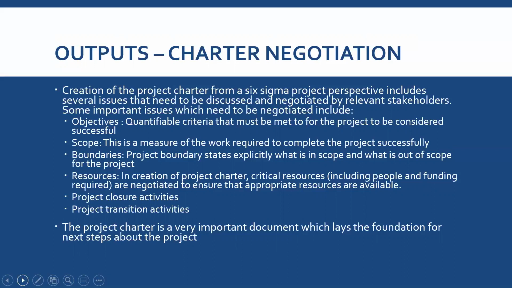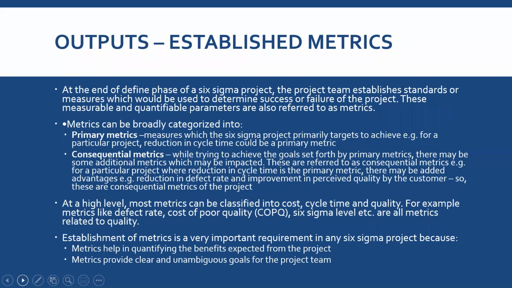The project charter is a very important document which lays the foundation for the next step of the project. The next output is establishing the metrics. We have to have some metrics in order to be able to say, yes, we achieved it. And these metrics should be measurable, something that you could measure in order to measure your success for improving quality or improving the scenario.